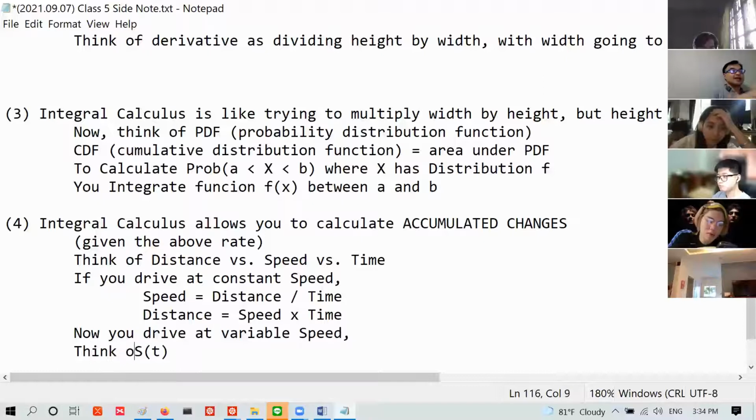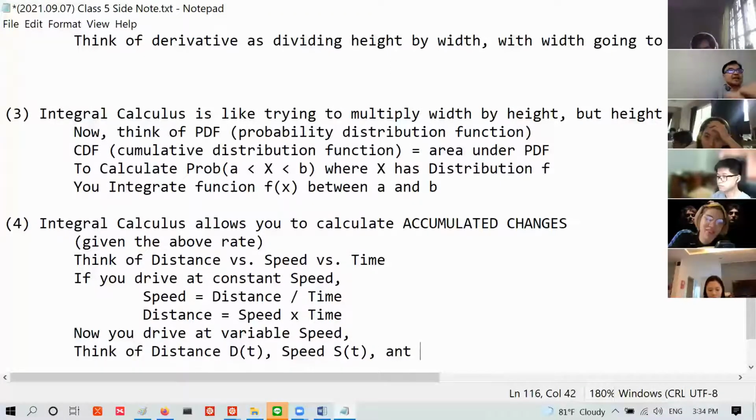Think of distance d of t, speed s of t, and time t.